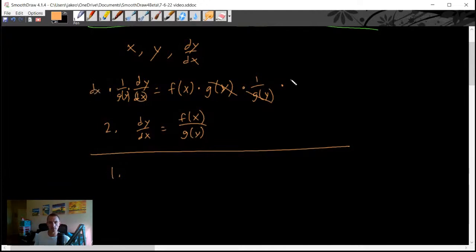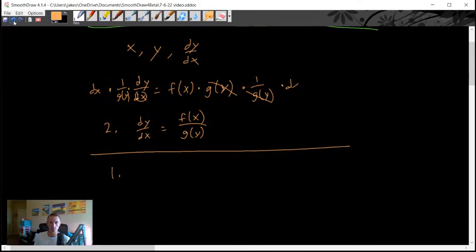I know that probably seems kind of weird. dx isn't necessarily typically a term that you would multiply over in the equation like that. But with differential equations, especially separable differential equations, you can think of the dx and the dy as their own terms, basically. So that'll cancel the dx on the left side of our equation and move it over to the right.